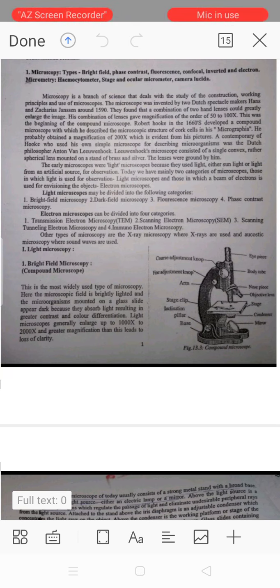First one, light microscopy: bright field microscopy or compound microscopy. This is the most widely used type of microscopy.